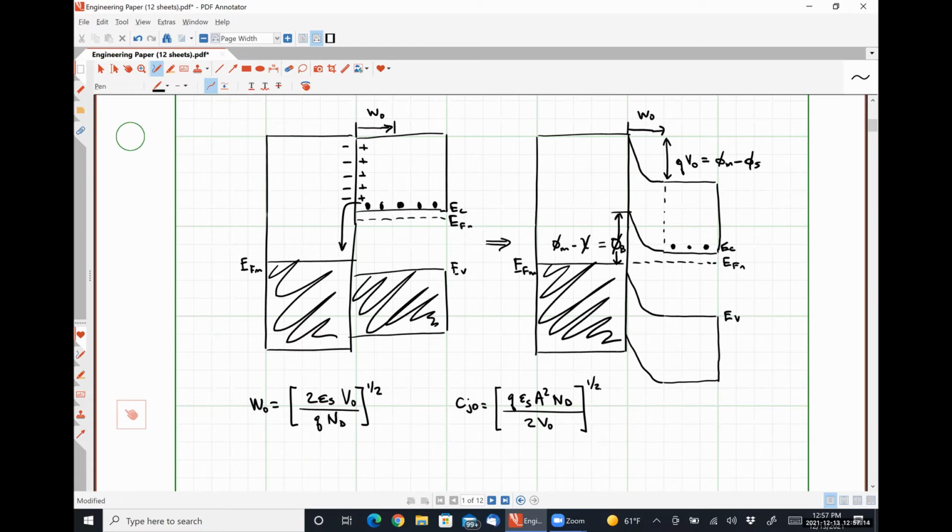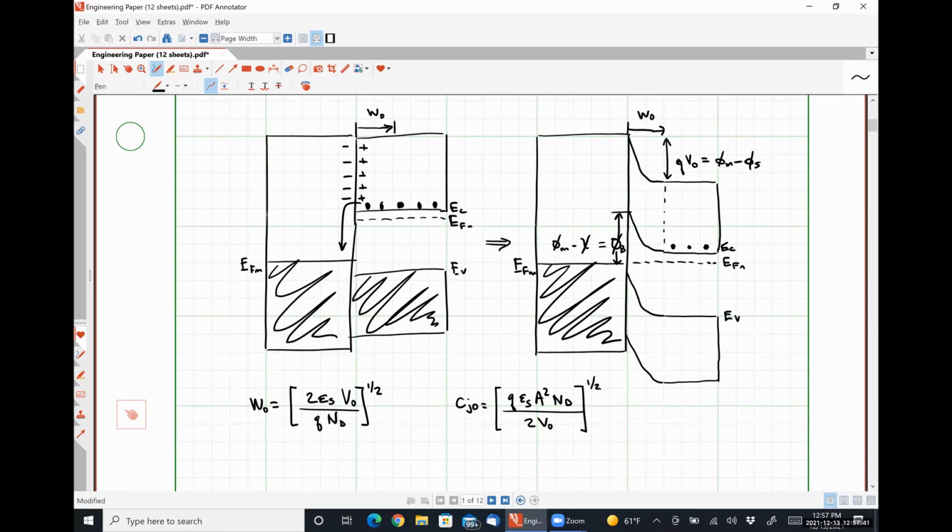When we reverse bias this, we're bringing these energy levels down. We are making it more difficult to move electrons from the semiconductor to the metal while keeping the difficulty of moving electrons from the metal to the semiconductor the same. Okay.